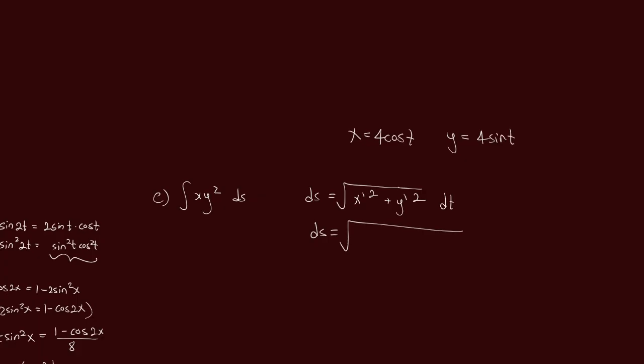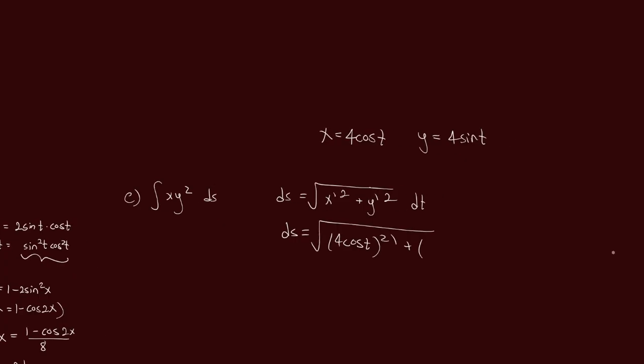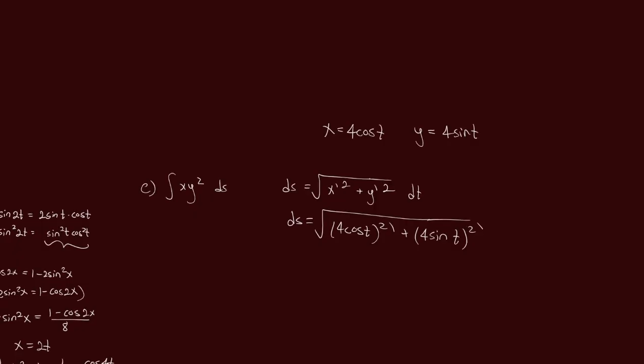So it's going to be the derivative of 4 cos t squared plus the derivative of 4 sin t squared dt. Okay, so wait, I think we find the derivative first and then square it. My bad. Yeah.